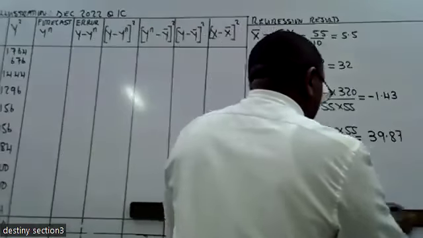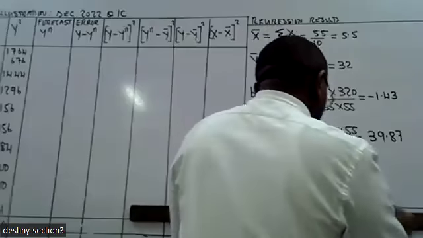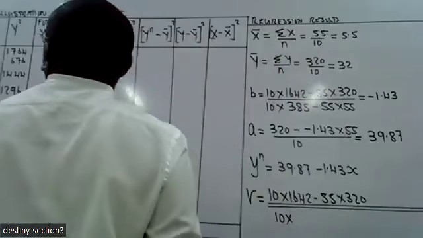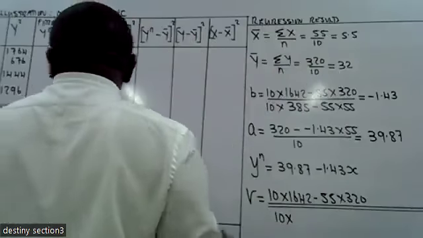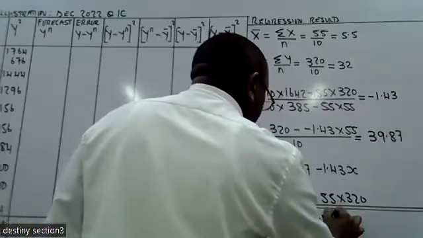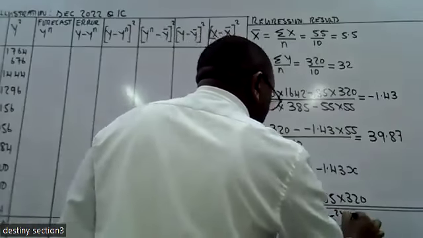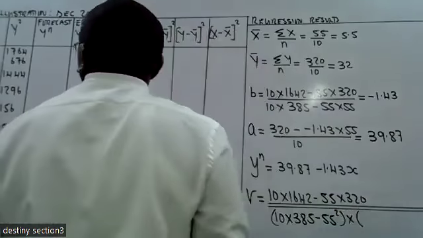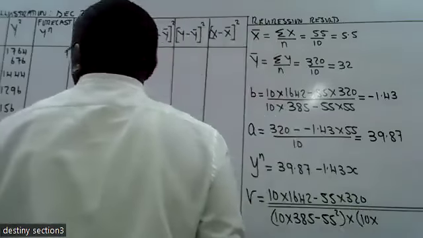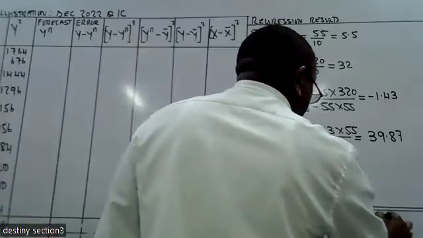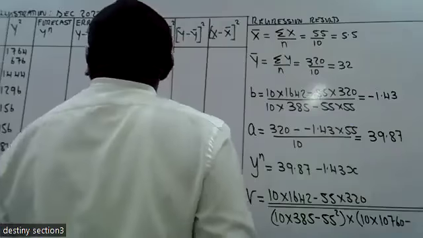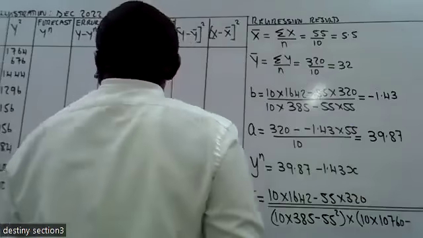Now this one, you divide by the square root of 10 times sum of x squared, which is 385, minus sum of x squared, 55 squared. This one we multiply by 10 times sum of y squared, which is 10,760, minus sum of y, 320, squared.